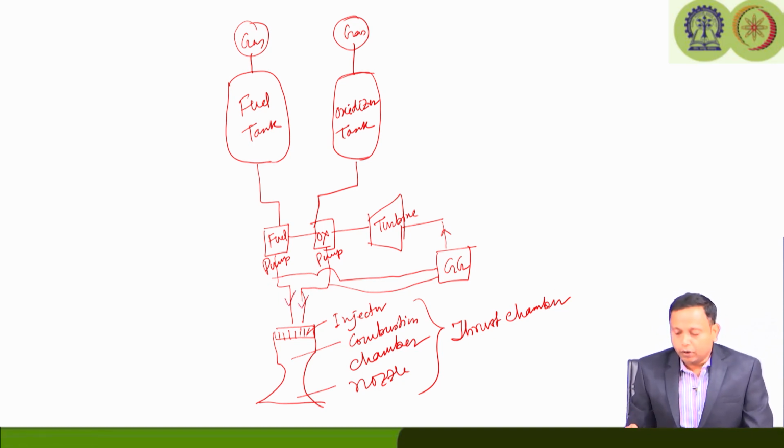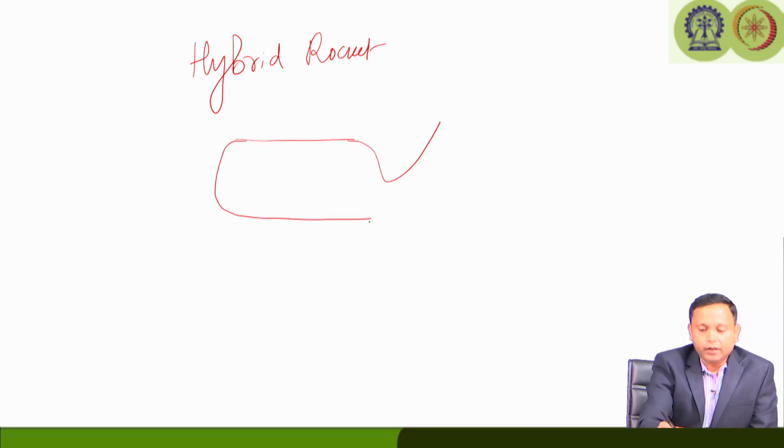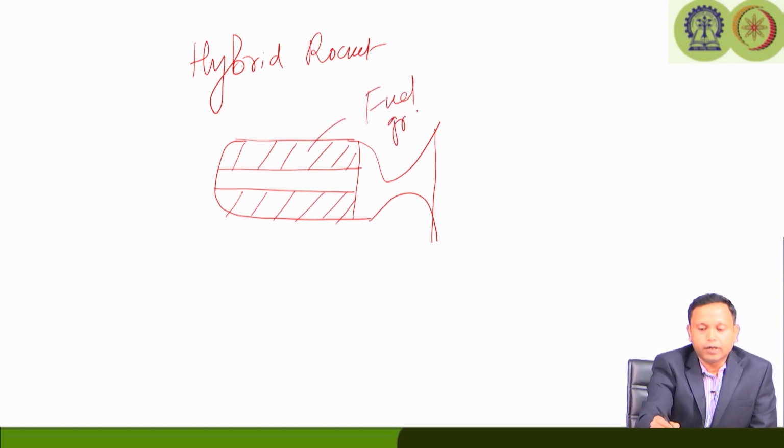Now, coming to the hybrid rocket, as the name suggests, a hybrid rocket is a combination of liquid oxidizer and solid fuel. Instead of the propellant grain, it will consist of some kind of a fuel grain. If you remember, we had the propellant grain in the case of the solid rocket, but here instead we have a fuel grain, in the form of a solid.